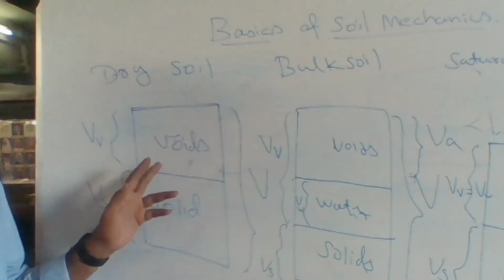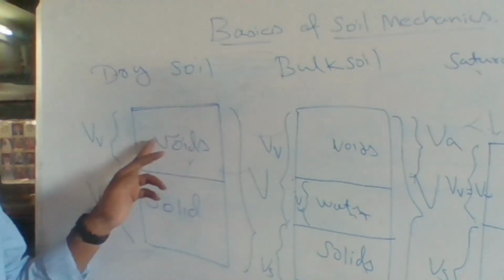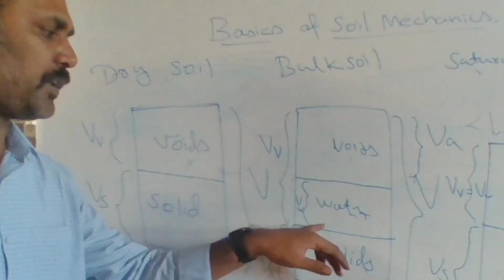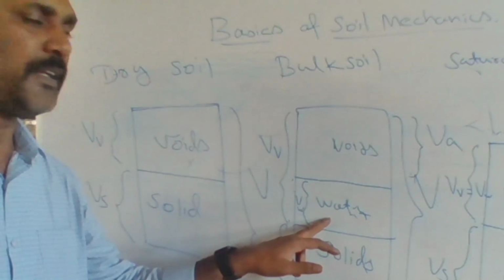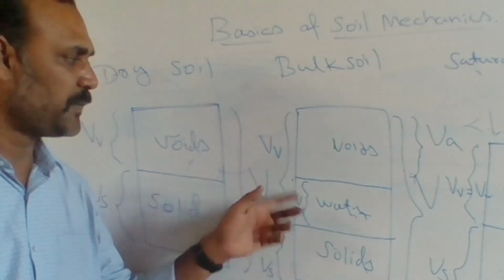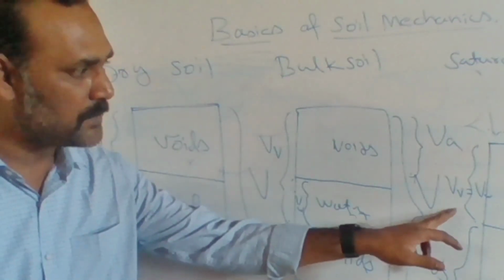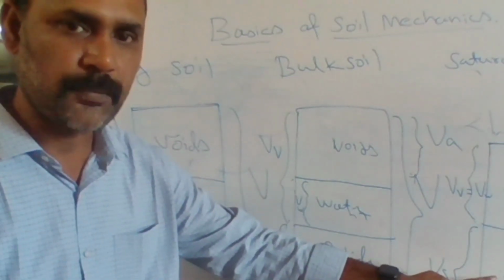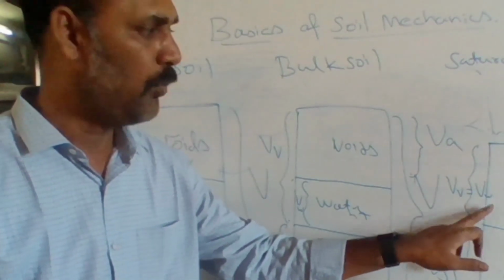In the first case, voids and solids are present, so volume of voids is equal to volume of air. Here the voids, water, and solids are present, and the voids and water together we take as the volume of voids. In the third case, only water and solids are present, so the volume of voids is equal to the volume of water.